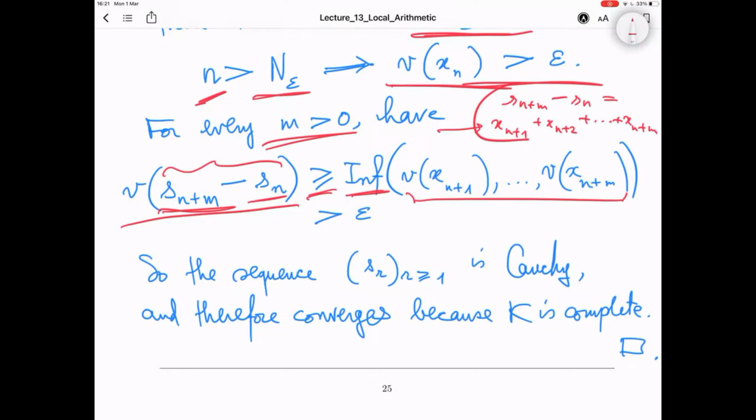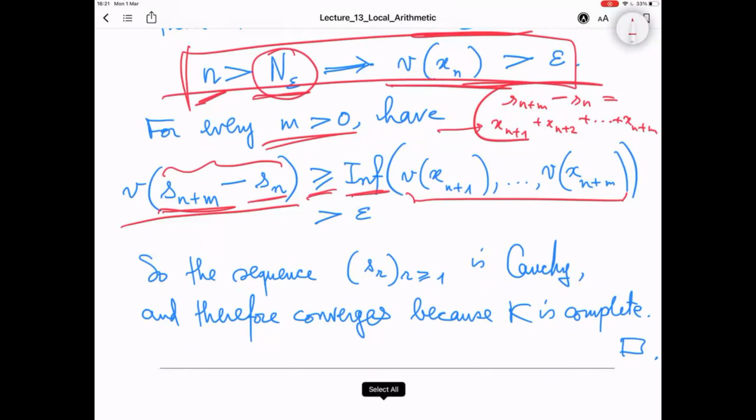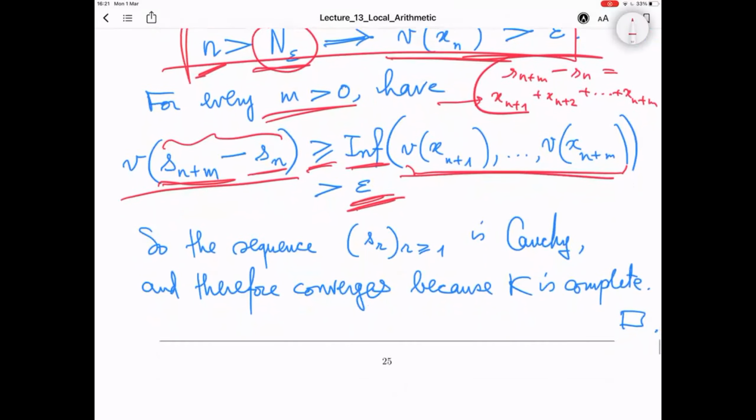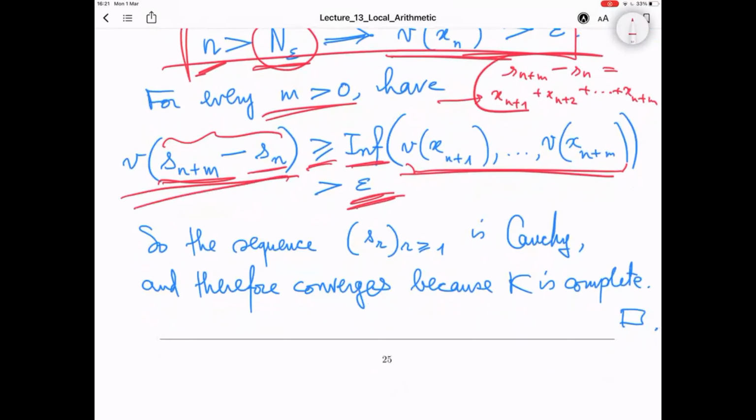But because my n is greater than n_epsilon, all of these valuations are greater than epsilon, so the infimum has to be at least epsilon. This means that the sequence S_r is Cauchy.